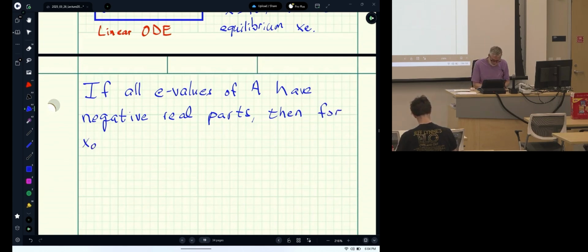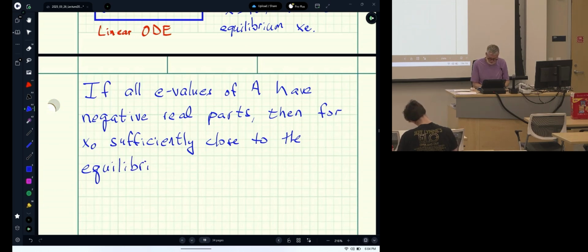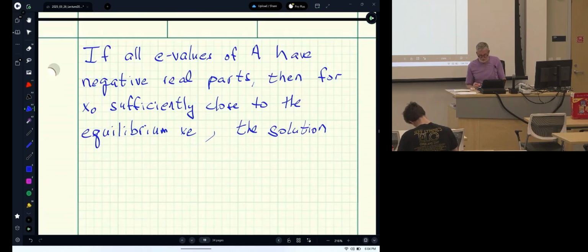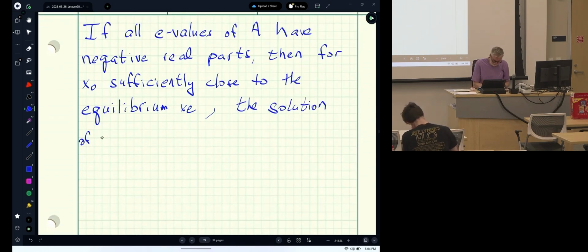Notice where x zero is sufficiently close to the equilibrium xe, the solution of the nonlinear ODE decays back to the equilibrium. Great.